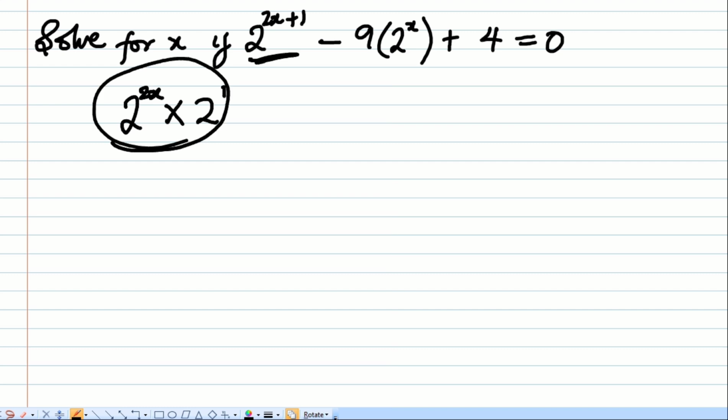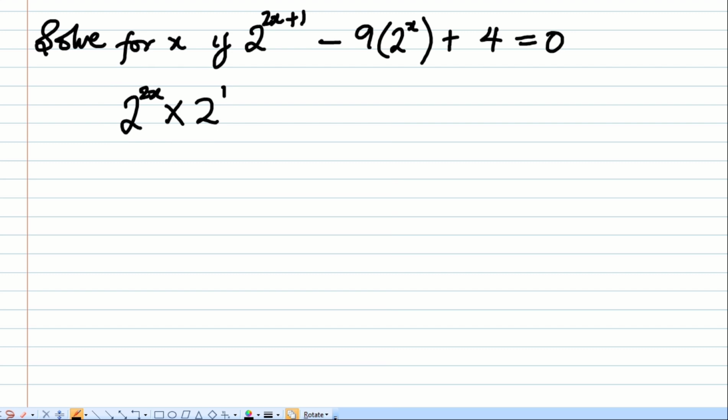I just split it, because if you do the multiplication law, you're still going to get 2 raised to power 2x plus 1 if you add the powers again. So I'm just trying to break it down. You know, these laws of indices, you can go back and forth, so I'm going the other way around this time. So you have to just take note of that.